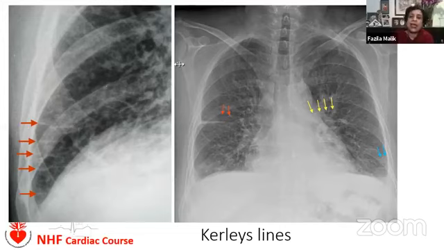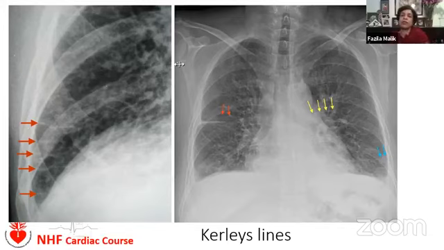Then the Kerley A lines. Now, Kerley A lines branch out from the hilar region and go upwards. These Kerley A lines are usually longer than Kerley B lines. Kerley B lines are only 1 to 2 centimeters in length, while Kerley A lines may be even 4 to 6 centimeters in length. And how do you differentiate these from the blood vessels?